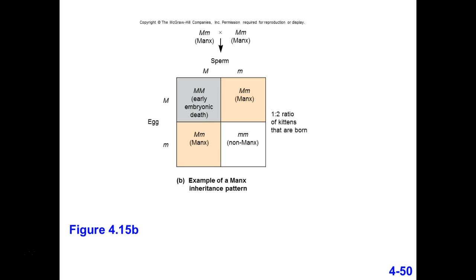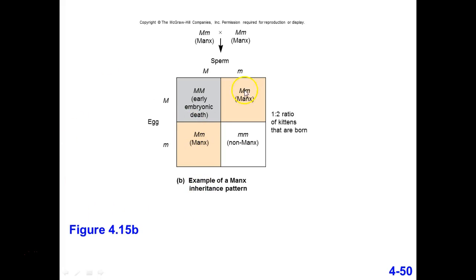Because you could end up being heterozygous, right, where you're going to live, but you just have the shortened tail. The problem is when you mate those two cats, you end up with other Manx that have the shortened tail, but you could end up with ones that die in embryonic development because the spine is too messed up.